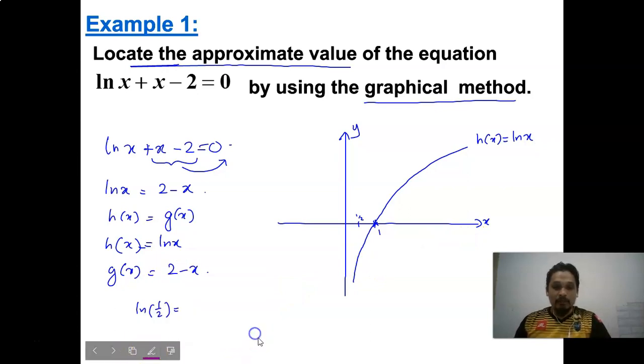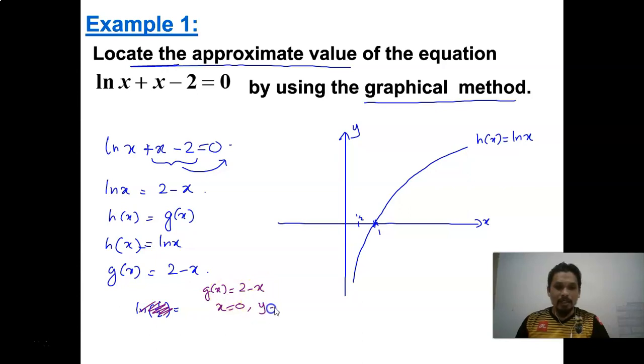I change the color for the next graph, g(x) equal to 2 minus x. When x equal to 0, g(x) or y equal to 2. And when g(x) equal to 0, 2 minus x equal to 0, then negative x equal to negative 2, then x equal to 2. So at x equal to 0, y equal to 2, somewhere around here.